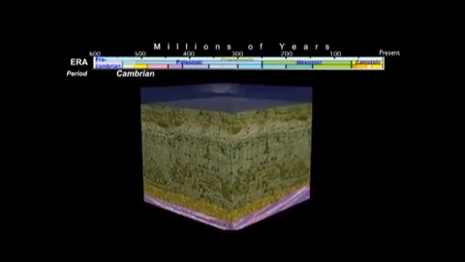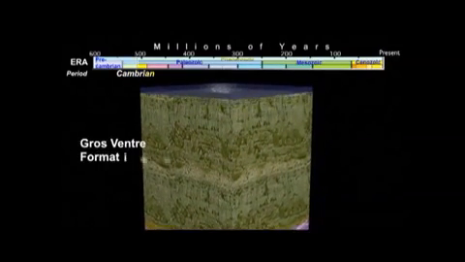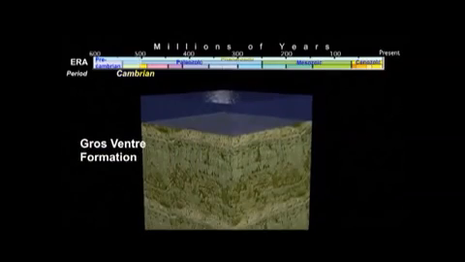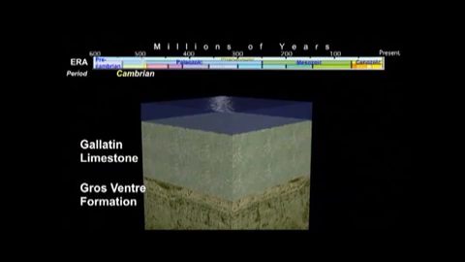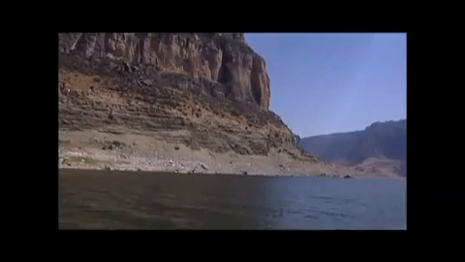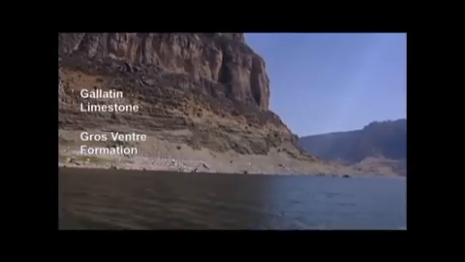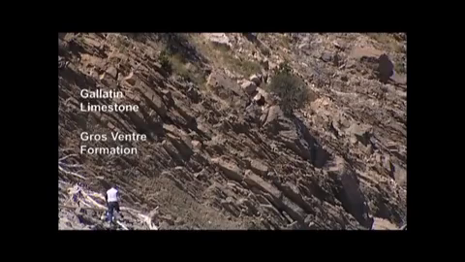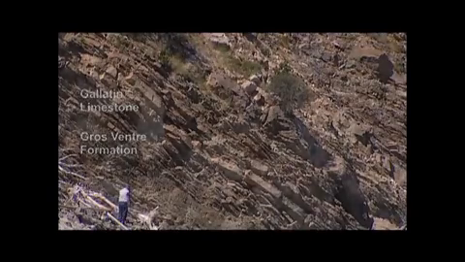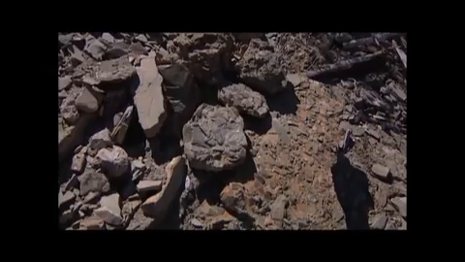Later in the Cambrian were deposited the Gros Ventre and the Gallatin limestone formations. In Bull Elk Basin, where the Bighorn River has cut deepest, these occur as thin-bedded limestones and shales and a distinctive green pebble conglomerate.